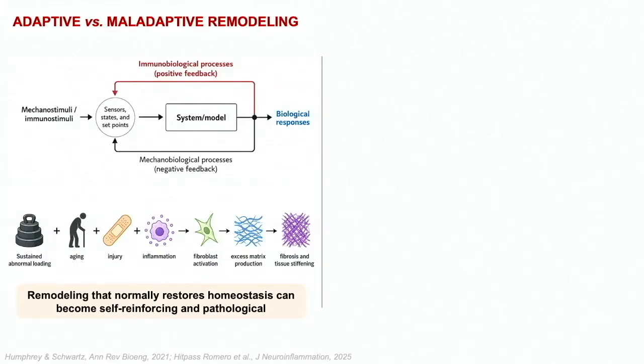However, the same remodeling process that adaptively restores homeostasis can also become self-reinforcing and maladaptive. For example, sustained abnormal loading, which we talked about in the previous presentation, injury, and inflammation can all contribute to shifting cells' behavior towards excessive matrix production, which results in fibrosis and tissue stiffening, which we all know is bad for motion.